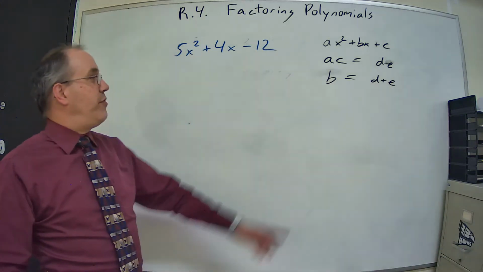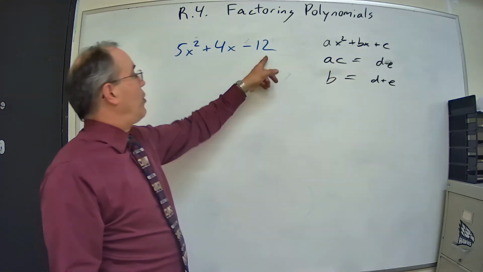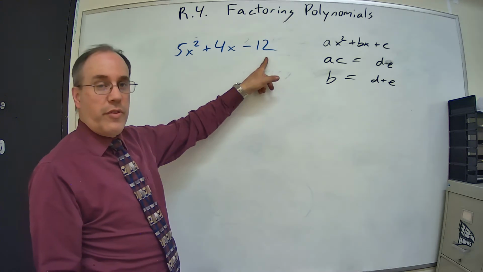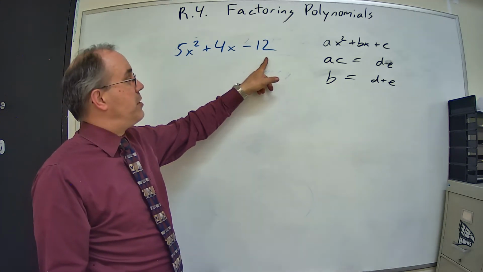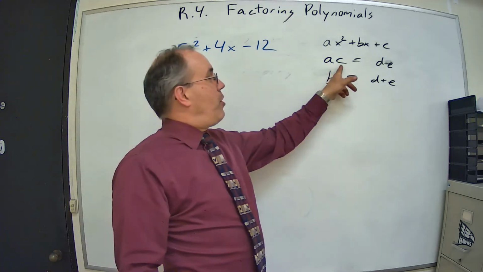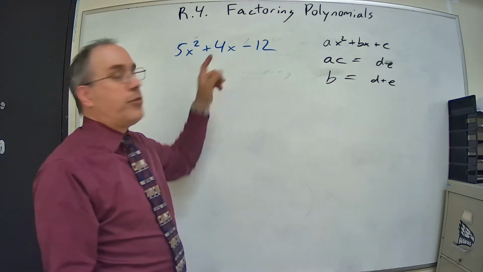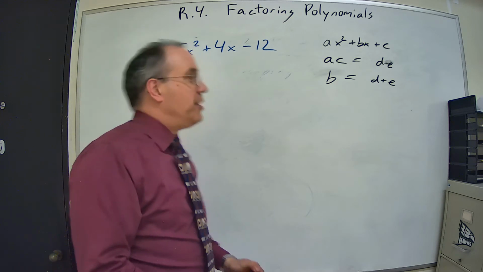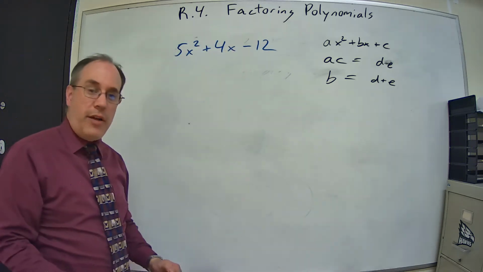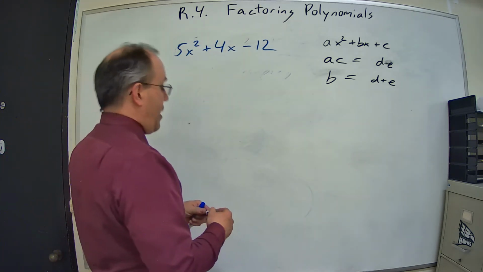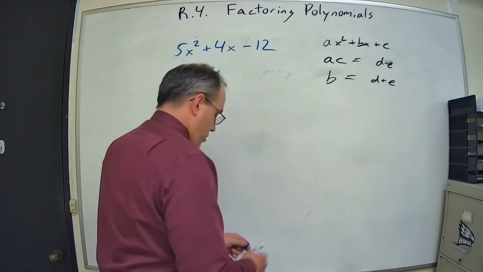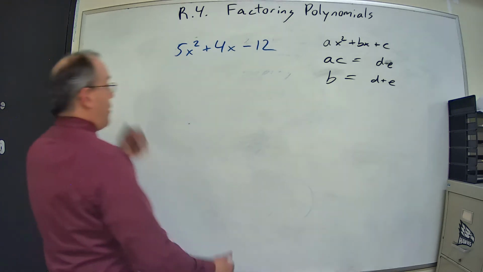So I'm looking to multiply the coefficients of my two outer terms, and I want to find two numbers that multiply to that value and that add up to this center one. Now, it may seem a little confusing as we put it off to the side, but watch what happens when we start to deal with this here.